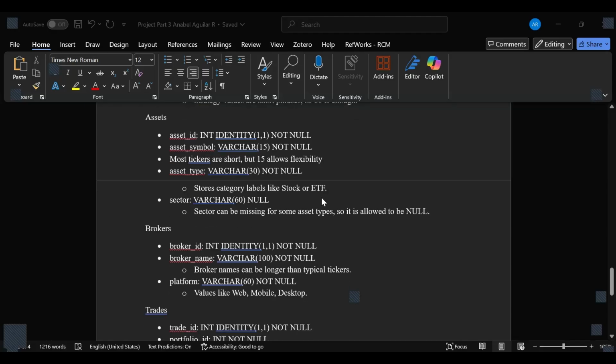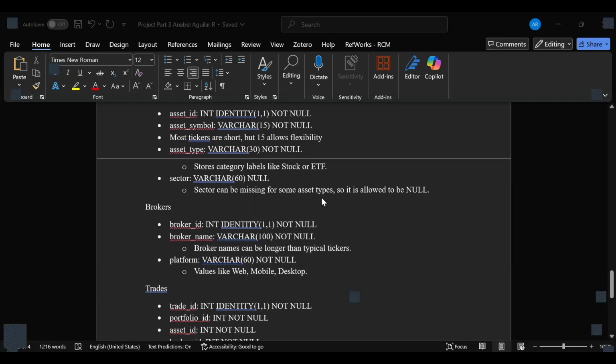Then for asset symbol, varchar, especially since most of the tickers are very short, usually maybe 4 characters or so, so 15 seemed like a decent number. Then for asset type, we selected varchar since this is storing the category level, like if it's a stock, ETF, cryptocurrency, etc. For sector, we selected 60.